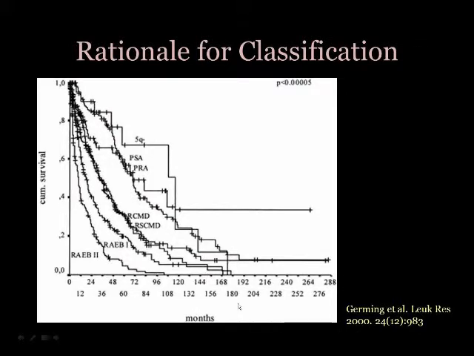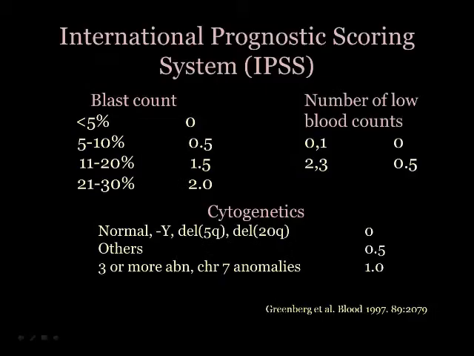As I said, that's only one group, and you don't know where on these curves any one patient lies. So there's some people who are right out here and surviving very well with what would otherwise be relatively poor risk myelodysplasia.